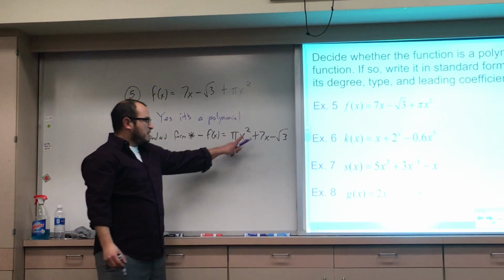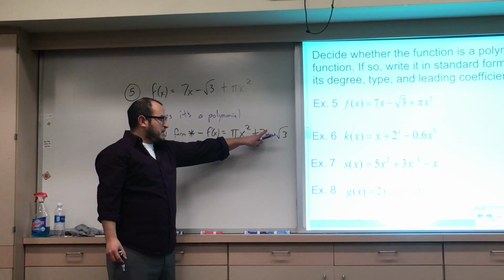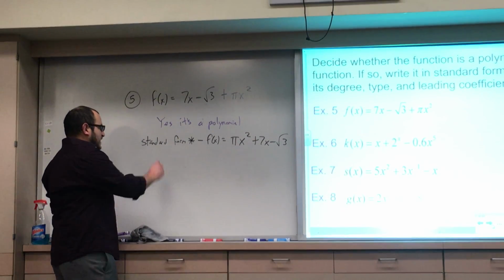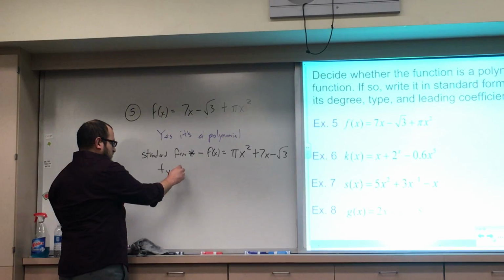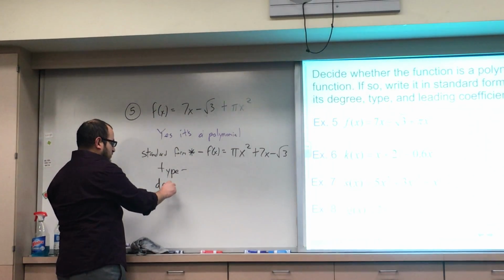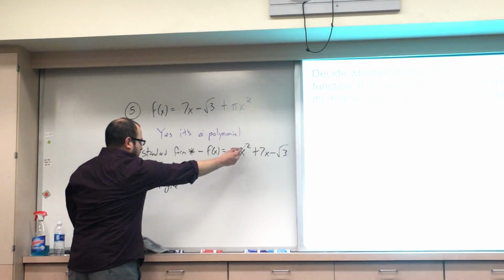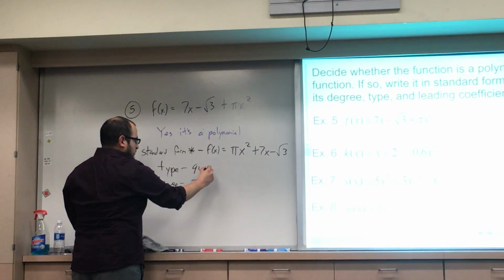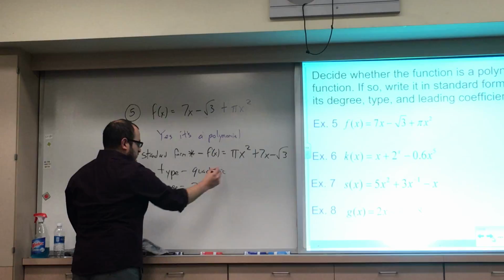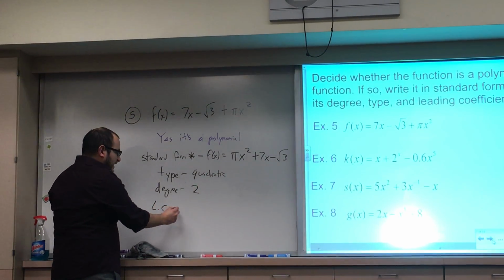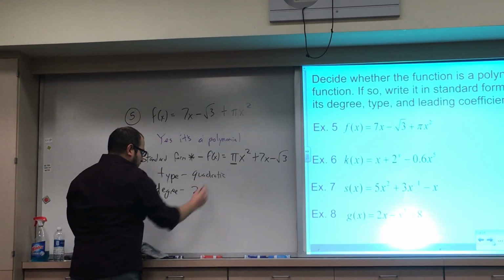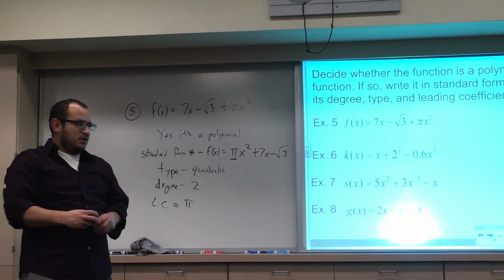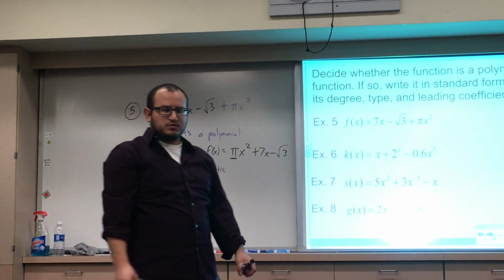Highest power first, lowest power, then the number by itself. What type is this? But before we get to type, what degree is this? Highest power is 2. Type, that's a quadratic. Leading coefficient, LC, is pi. Alright, so again, work through problems 1 through 8.